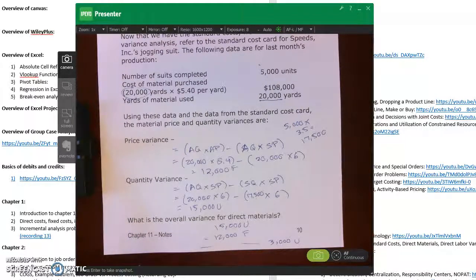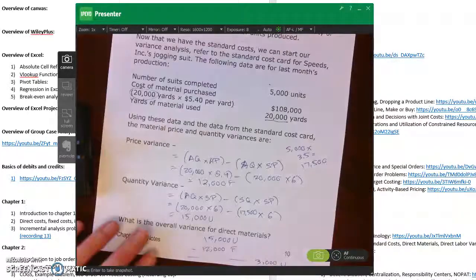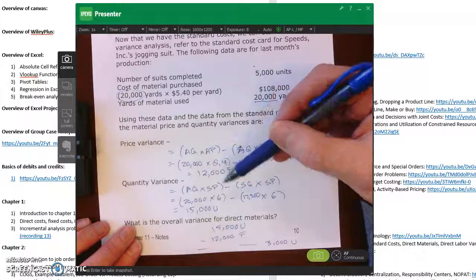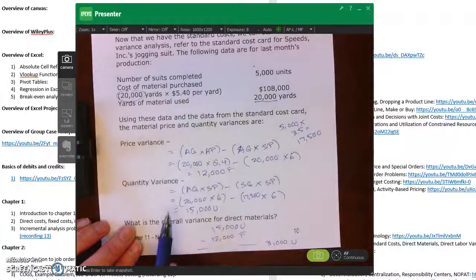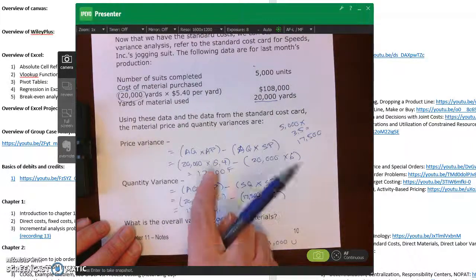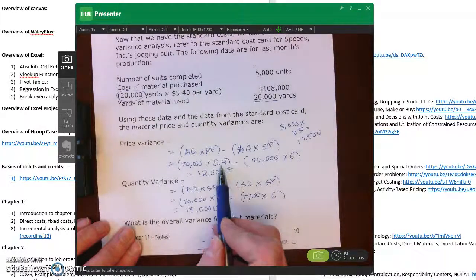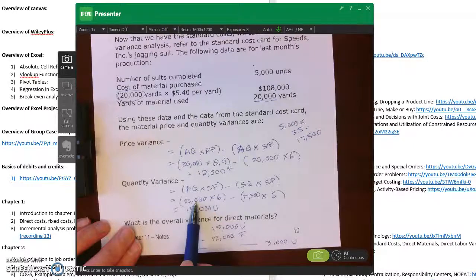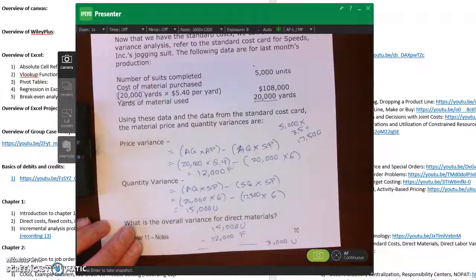Okay? So when we look over here, one of the things that might be going on, and this is kind of interesting, you say we have a favorable price variance, but an unfavorable quantity variance. What could explain that? Okay? Well, basically, what happens if the purchasing manager buys some cheap materials? They get a discount, but then you have more rejects. So that's why you can use more materials than what you should have used because you bought cheap materials.